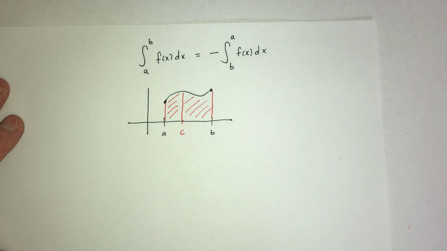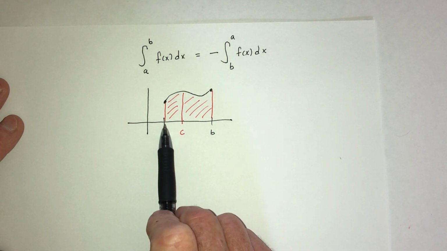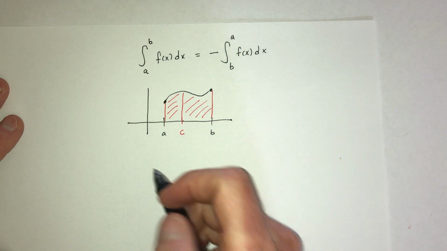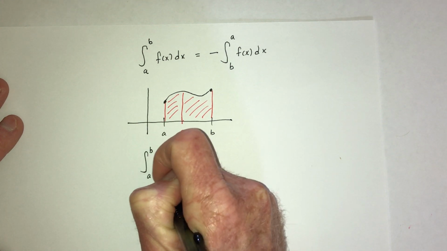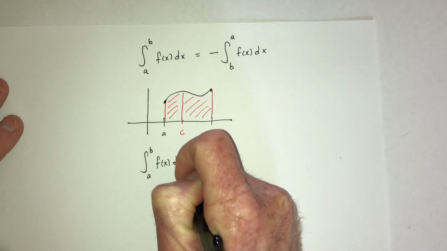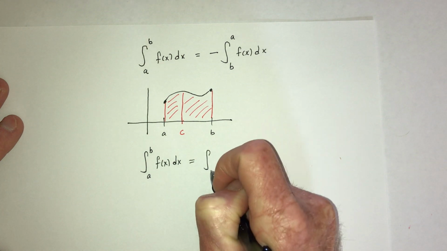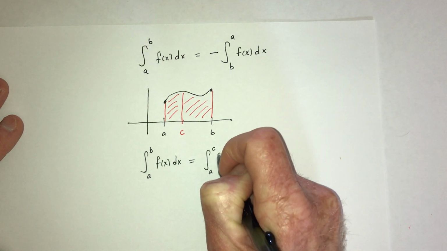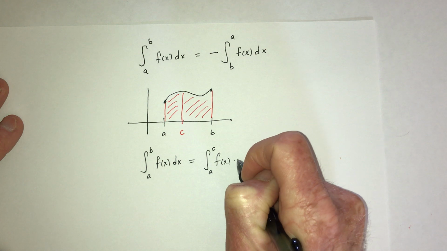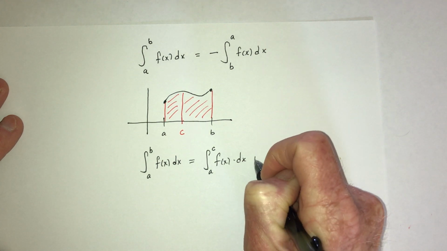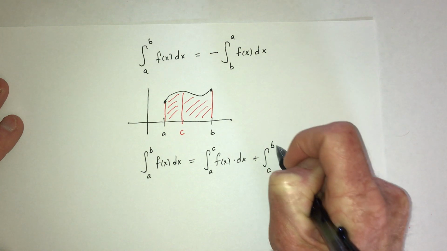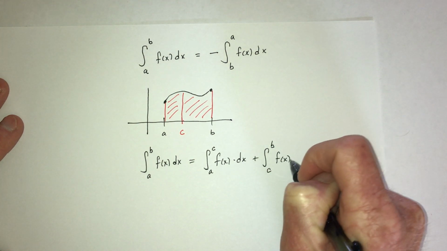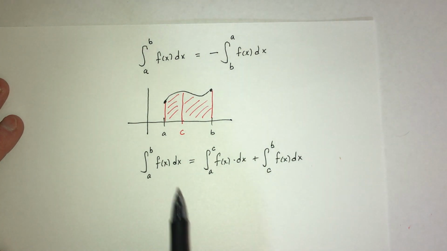If you add those two areas together, then it will be as if you integrated from a to b. So the integral from a to b is the same as integrating from a to c, and then adding in the integral from c to b. And there are some times when we need to break it up into two integrals.